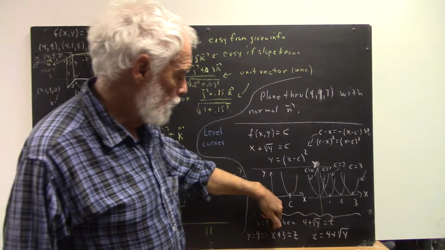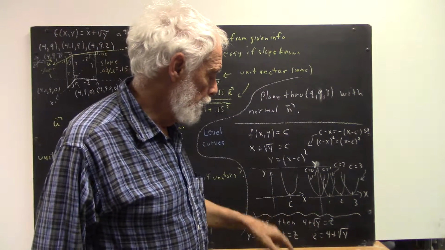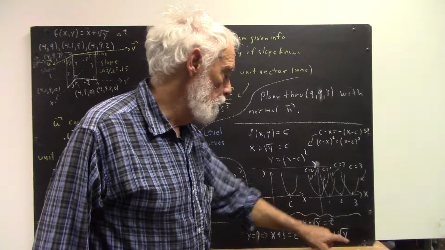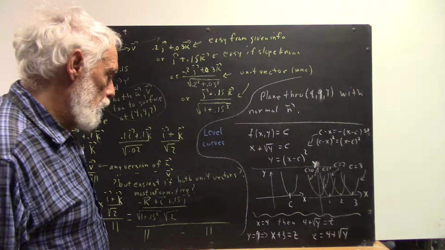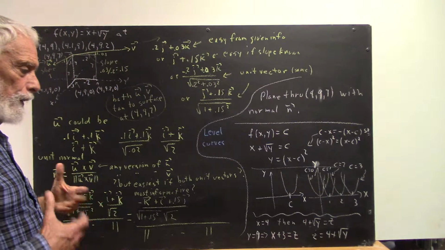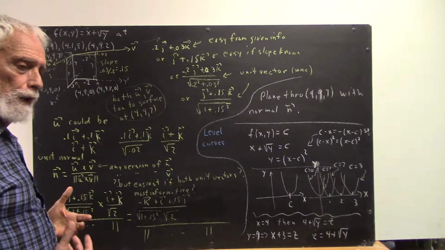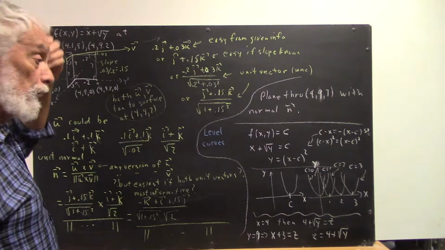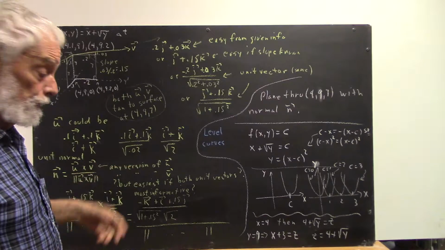So, if y equals 9, you're in the plane z equals x plus 3. This is the plane z equals 4 plus square root of y. And now we can talk about the behavior of the function in those planes and what that has to do with our picture here and our tangent plane and our ability to visualize the function.